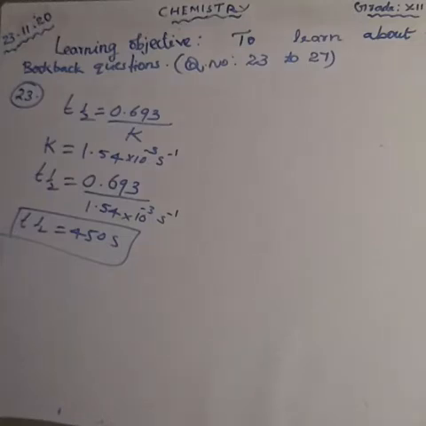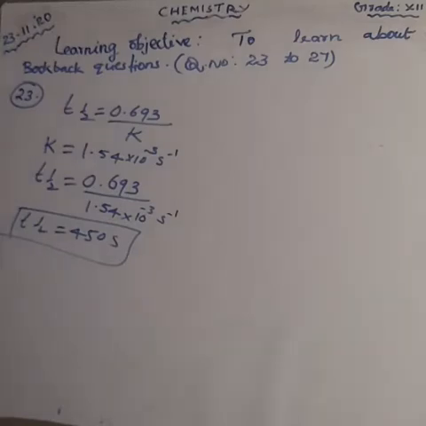For this question, first of all you should write the formula for the half-life period, half-life time. That is T half is equal to 0.693 divided by K. If you write like that, you can score 1 mark. Next the substitution: T half is equal to 0.693 divided by 1.54 into 10 to the power minus 3 second inverse.